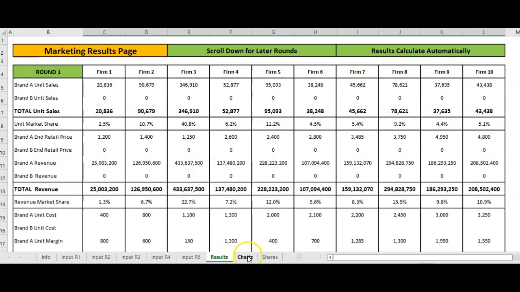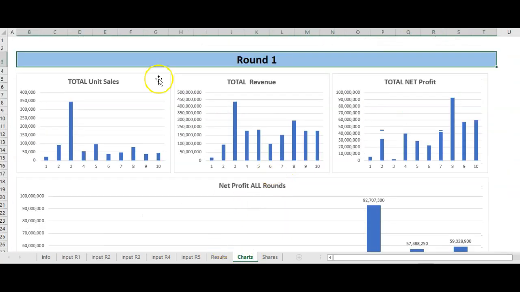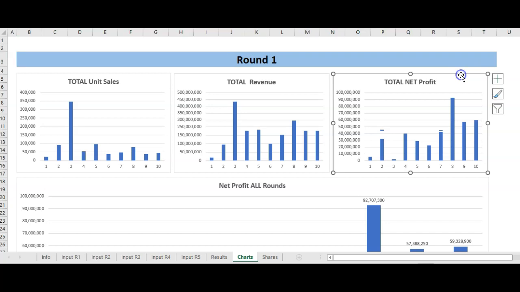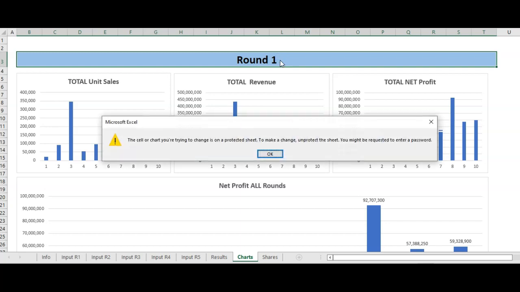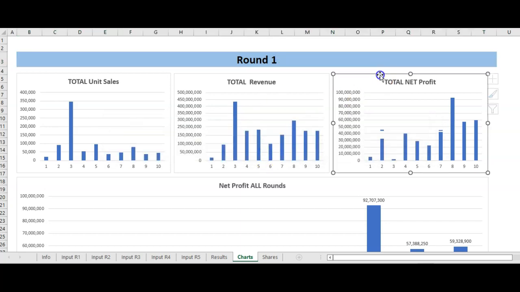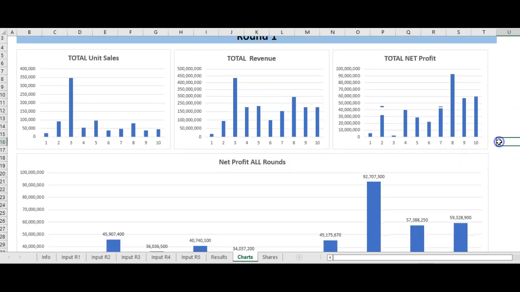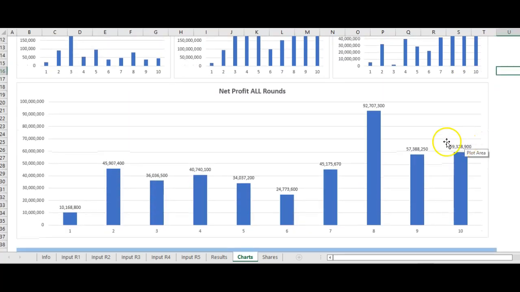A more effective way of showing them would be the charts, where it graphs that data but has the unit sales, revenue, and this is done so you can copy and paste this. You can't change things. But you can pick up each of the charts and copy them somewhere if you wanted to, or students wanted to include them in a report or assignment you might structure.